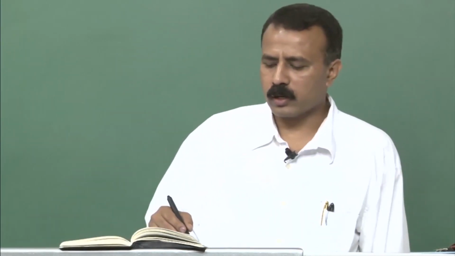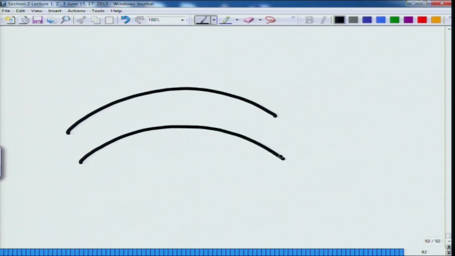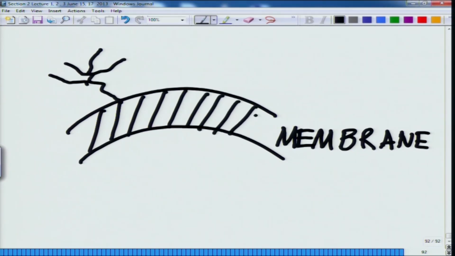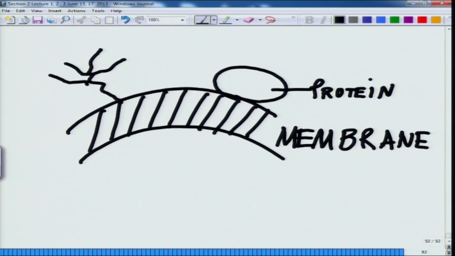So, in the last lecture I was talking about the presence of carbohydrates on top of the membrane. I told you there are 2 ways by which carbohydrate can bind. If this is the membrane, which has been shown by 2 lines, and I am just putting the hatching, one option is that the carbohydrate is directly attached, the way it has been shown here, on the lipid, or there may be a protein like this, and on top of the protein there is a carbohydrate which is attached.